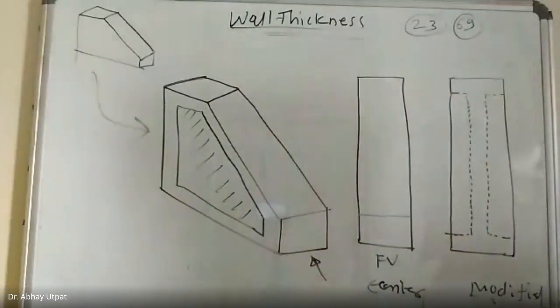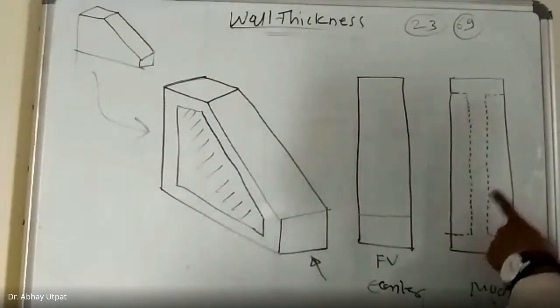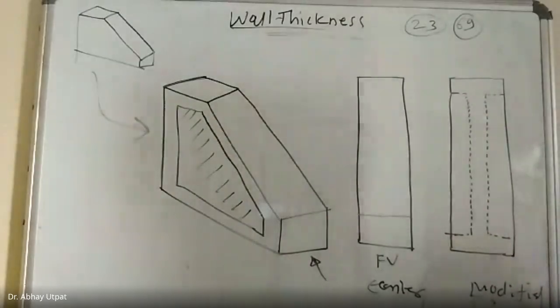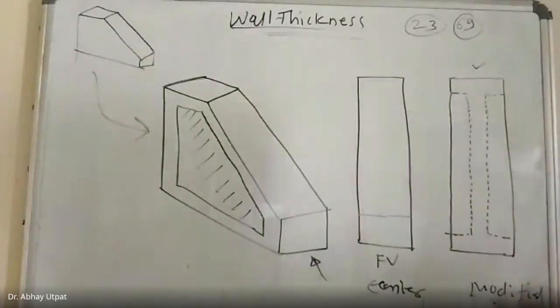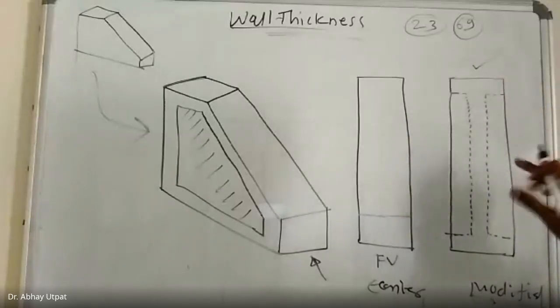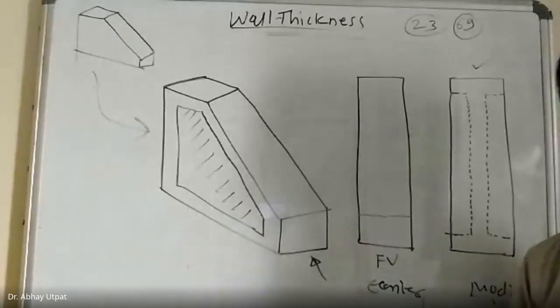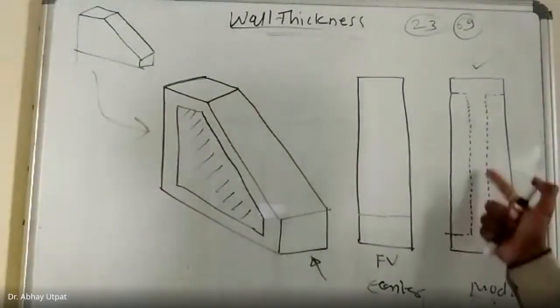This is most correct. See here, as per the drawing convention, this figure is most correct. So earlier I showed dark lines, now I made them dotted. These dotted lines represent that there is one wall in between. So modify your figure accordingly, make the correction.